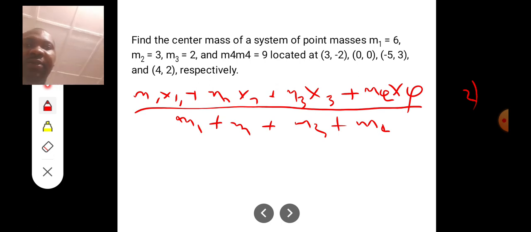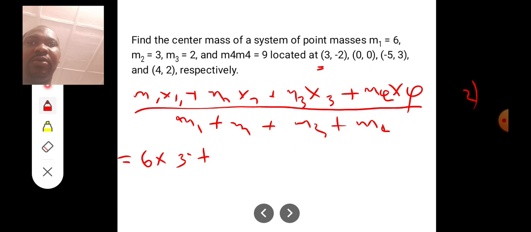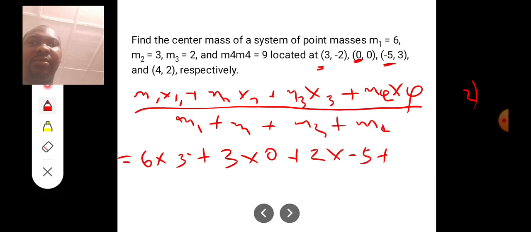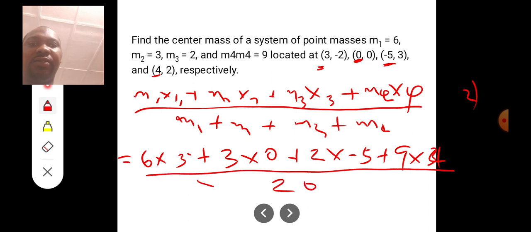Your m1 is 6, so 6 times your x1 which is 3, then plus your m2 is 3 times your x2 which is 0, plus your m3 is 2 times your x3 which is minus 5, plus your m4 is 9 and your x4 is 4. All over the total mass, which is 20.